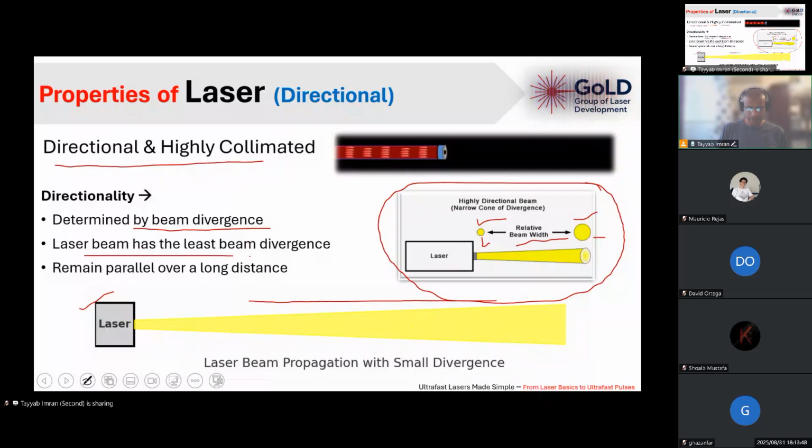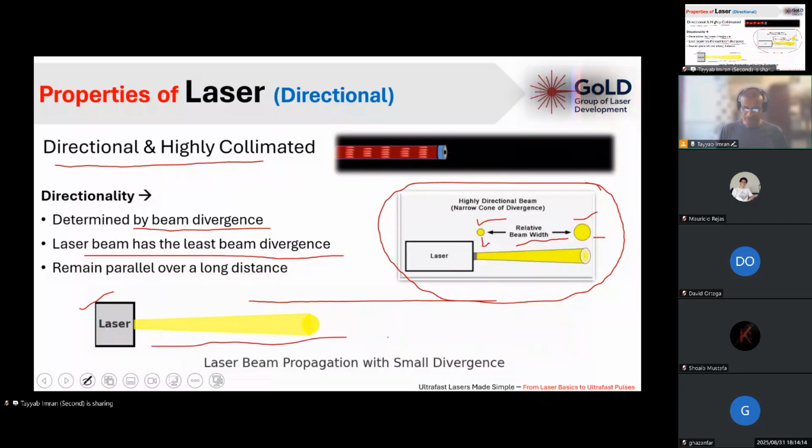A laser beam, as compared to a white light source, has much less beam divergence, and it remains parallel over a longer distance. This kind of experiment you must have seen, or you can do it yourself using a laser pointer.